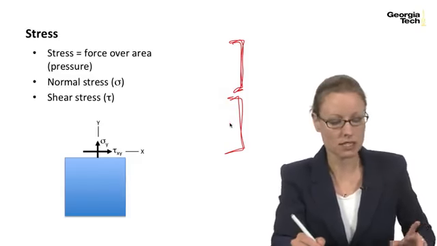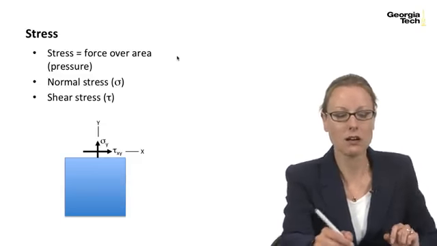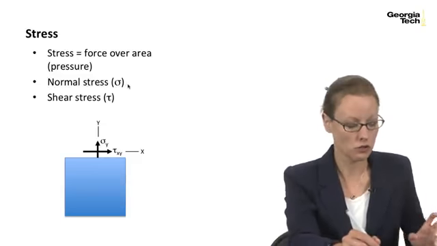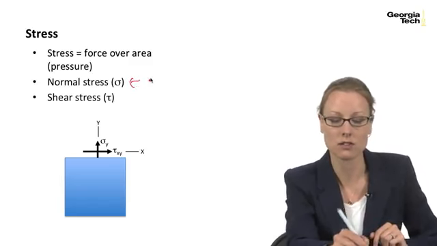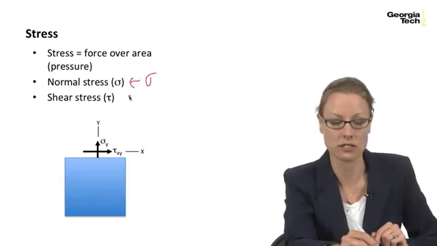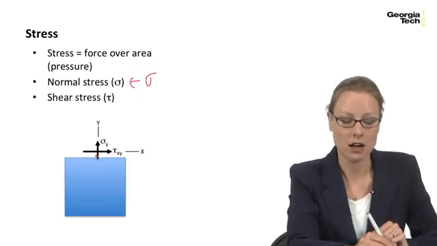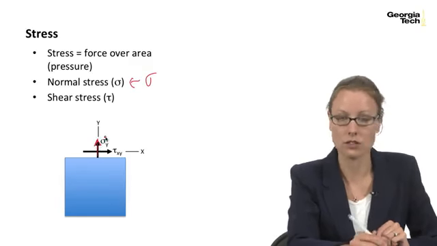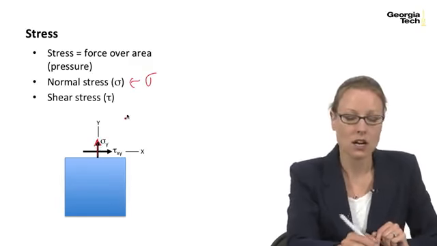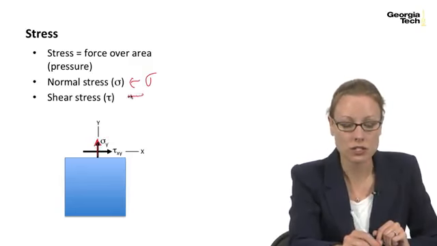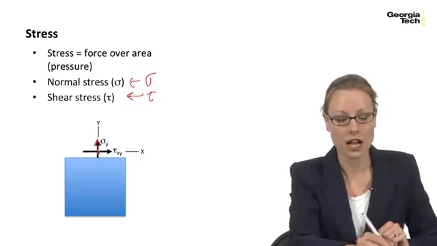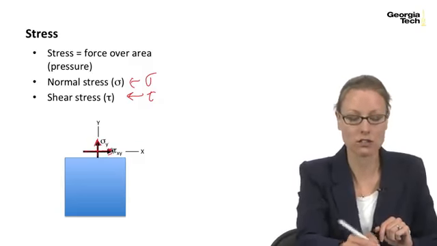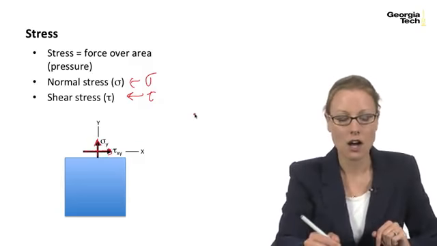So a couple of things to keep in mind. There are normal stresses, which we refer to as sigma, and those act perpendicular to the surface of the object. And there are also shear stresses, which we refer to as tau in this class, and those act parallel to the surface of interest.